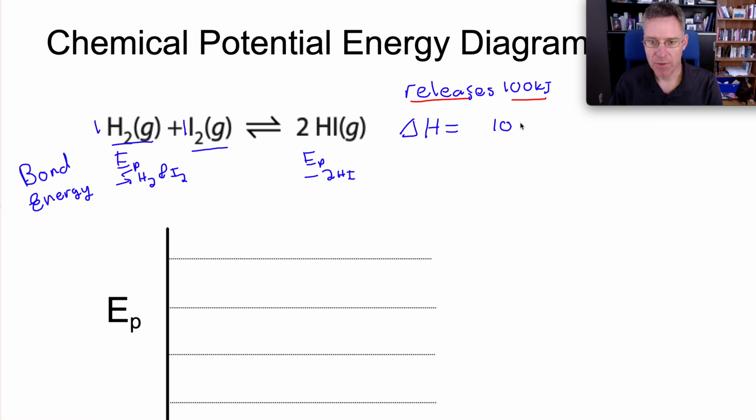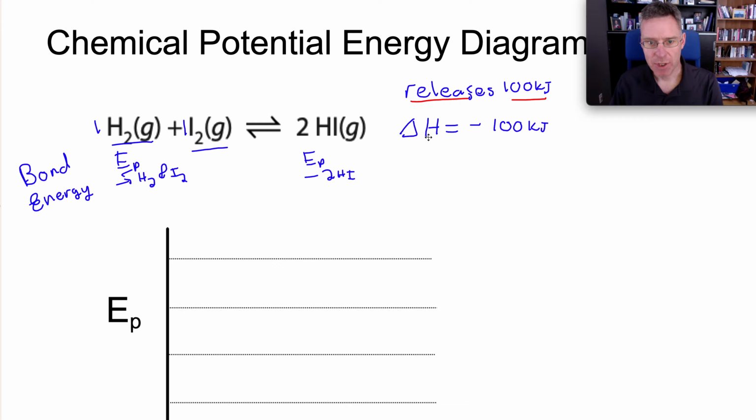So the change in enthalpy is 100 kilojoules. And then this release is a loss of energy or loss of potential energy, and that will show up as a negative sign. So there's 100 less kilojoules of potential energy at the end than there is at the beginning.